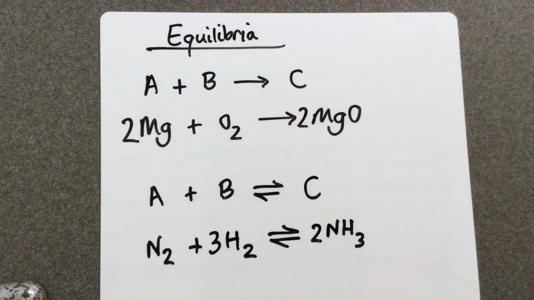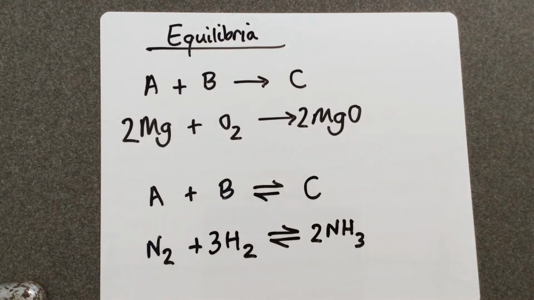What you were introduced to at GCSE, probably towards the end of year 11, was this idea of equilibrium or equilibria, where I can take my reactants, A and B, and they will form C, but C can turn back into A and B. Now, the confusion at GCSE is often this.